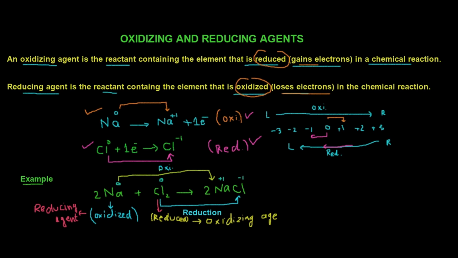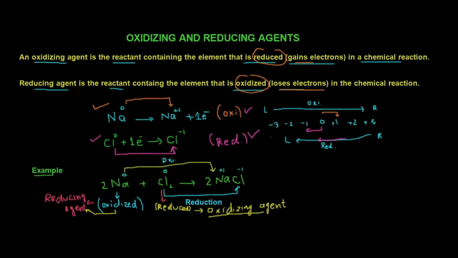Sodium atom has lost its electron, so it is being oxidized, but it acts as a reducing agent. Similarly, chlorine atom is being reduced because it has gained an electron, it is moving from 0 to minus 1, but it acts as an oxidizing agent.